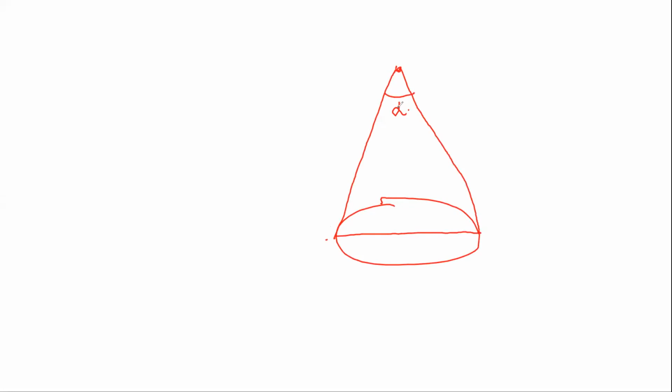So this angle is actually called the angular diameter. In terms of angular diameter, how can we write it? Alpha is equal to the diameter of that particular planet divided by the distance. Alpha is equal to small d divided by capital D. That is what I wanted to convey to you.